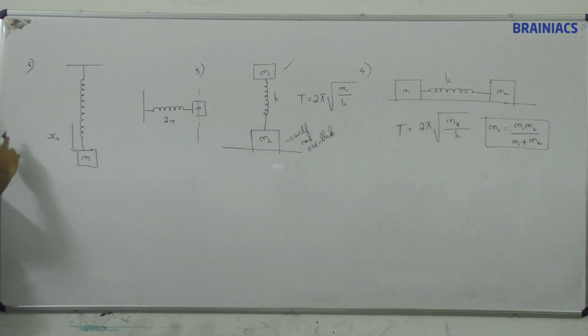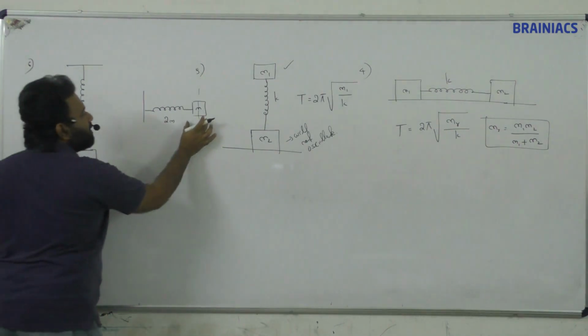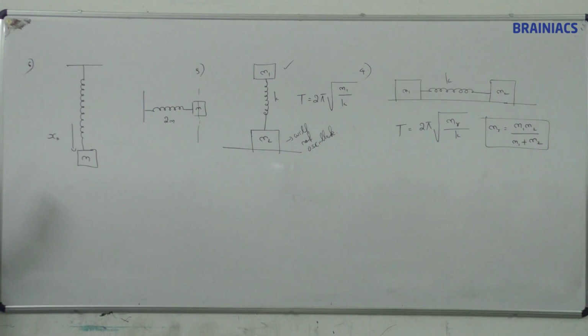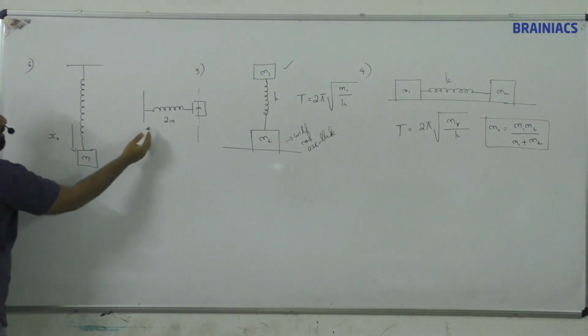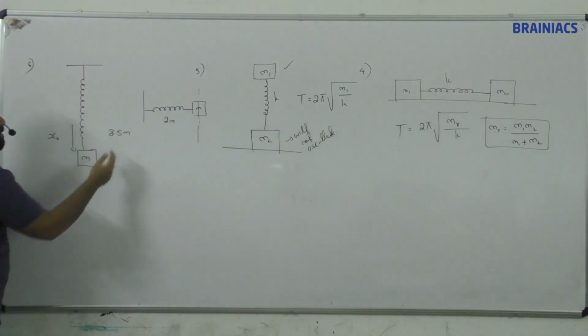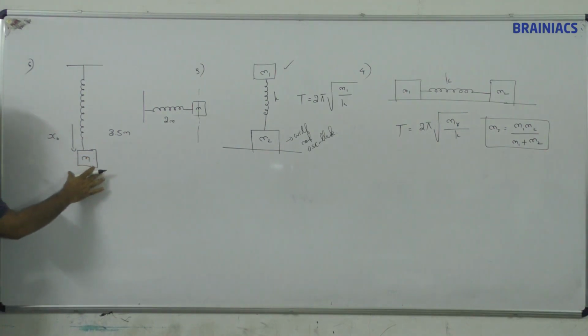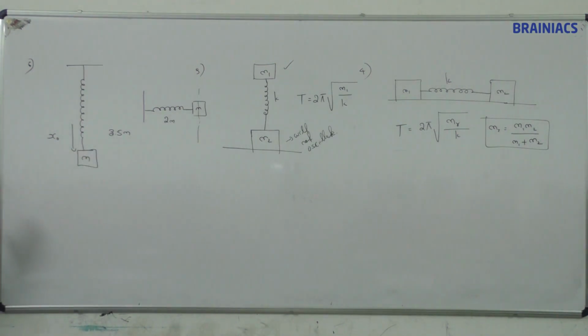Suppose this is 3.5 meter. So in this case it will extend a little bit more, and from here if we do a disturbance, it will do simple harmonic motion with a different mean position. It will be doing oscillation but with a different mean position.